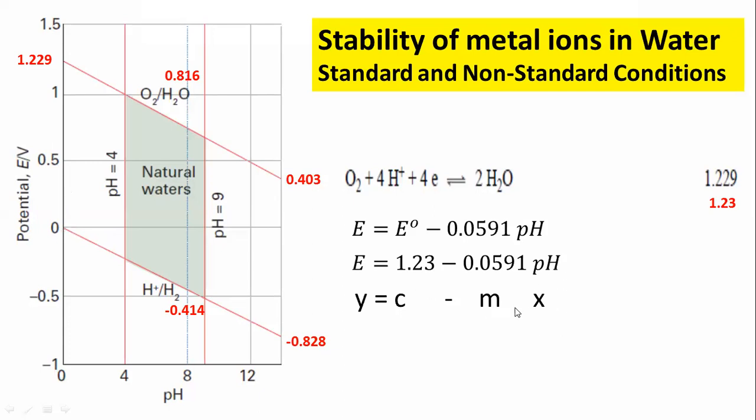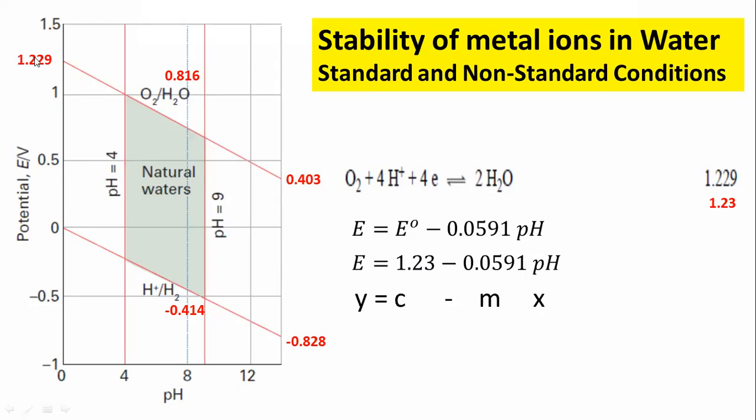So when you increase the pH, you can do it at home, just multiply with 1, and 1.229 minus 0.0591, then you can get the value, which must be less than 1.23. Similarly, when it reaches pH 7, you can multiply 7 with this, and 1.23 minus this one will give you the value of 0.816.